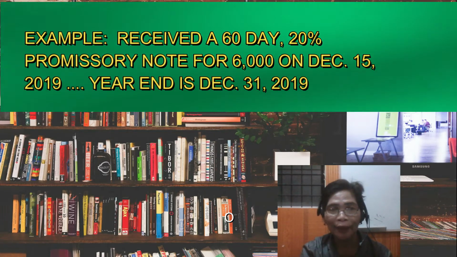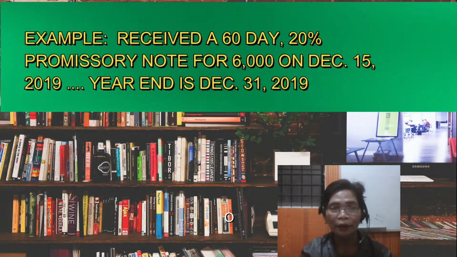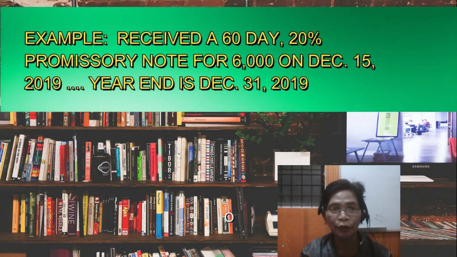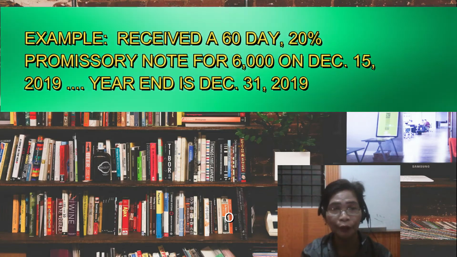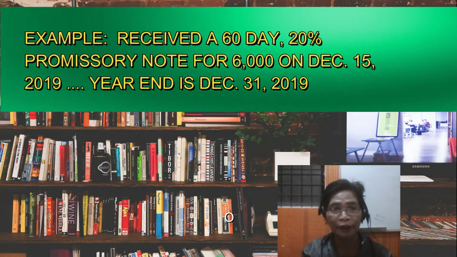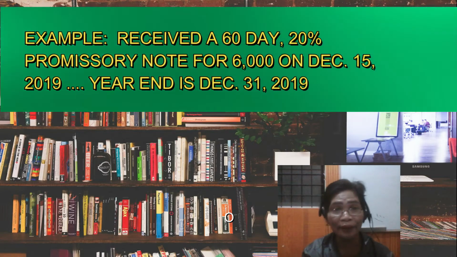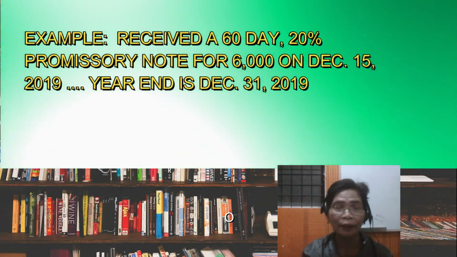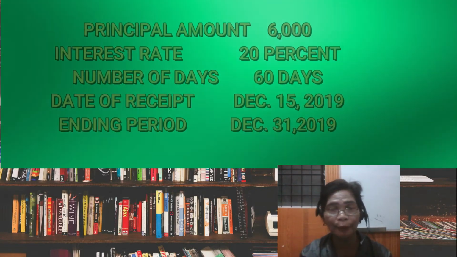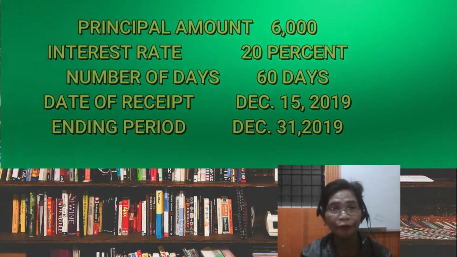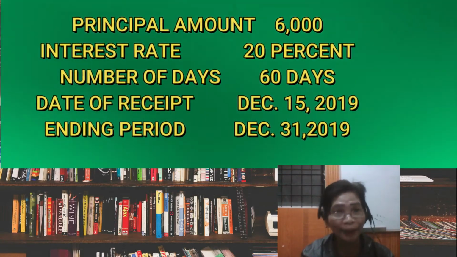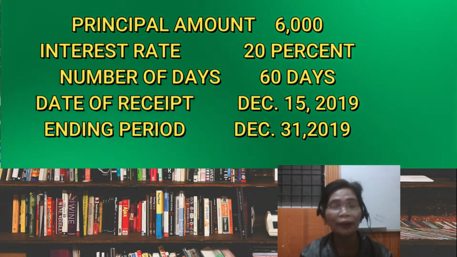So kindly list down all the information that will be very beneficial to your computation of the interest income. First, you have the principal 6,000, the interest rate of 20%, the date of receipt of the promissory note, December 15, 2019, and the ending period, December 31, 2019.